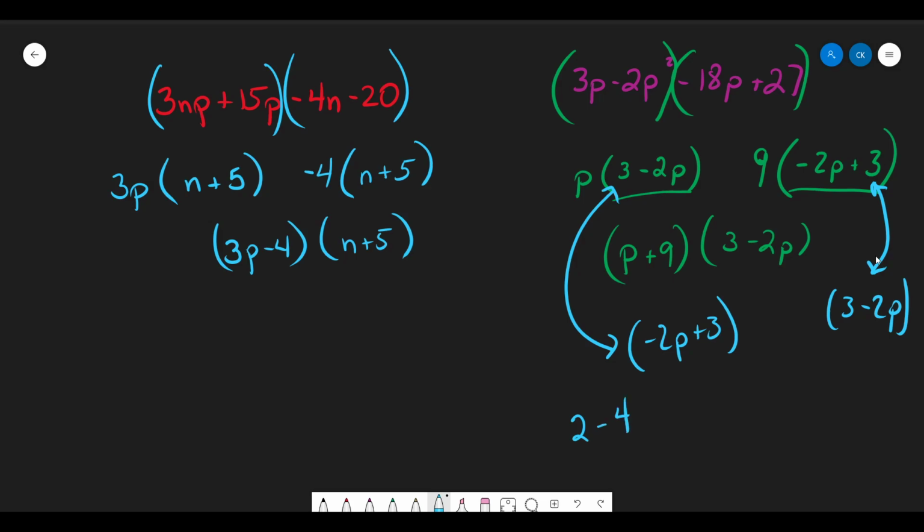We know that that's negative 2. It's the same as saying negative 4 plus 2. They both equal negative 2. It's not going to change the value. I'm just rearranging the numbers. So that's why we can do that. So as we see, that is our twin there, 3 minus 2p, so I put that there. And then p plus 9 is my GCFs.